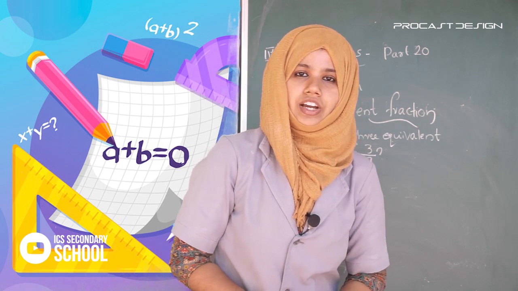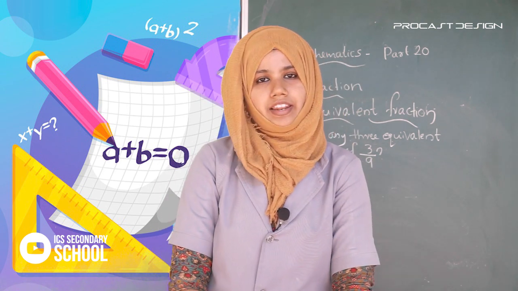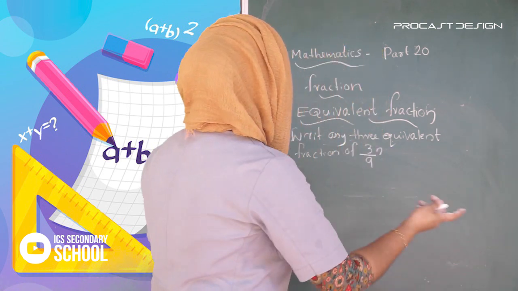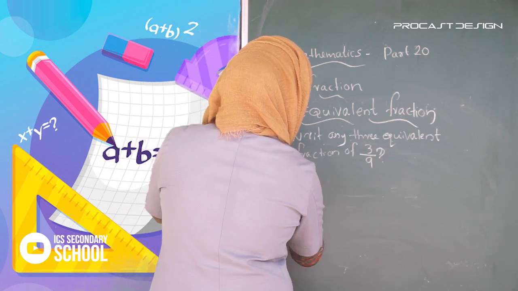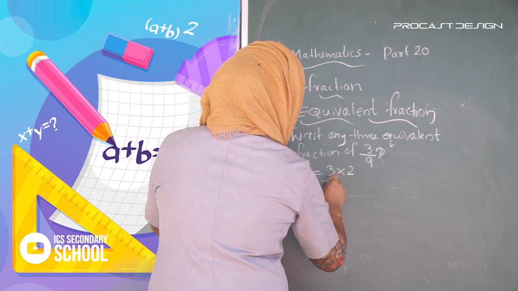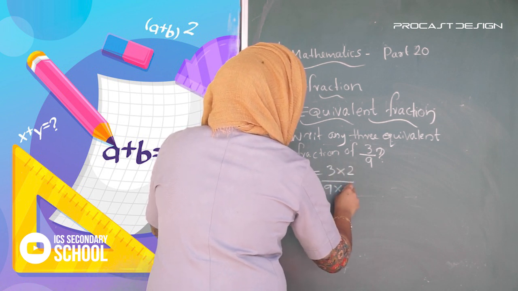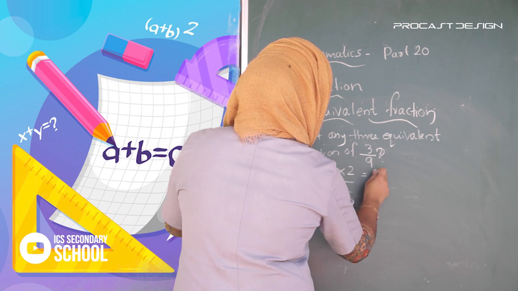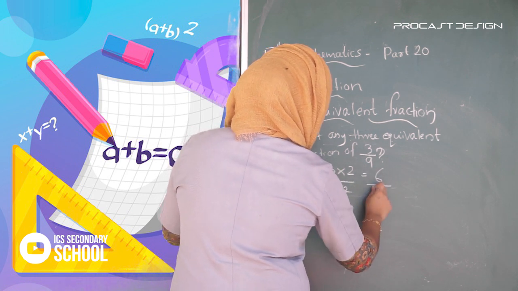Write any 3 equivalent fractions of 3 by 9. So what will we do? Yes, we can multiply 3 by 9 by any number, but numerator and denominator are multiplied by the same number. First 3 into 2, 6, 9 into 2, 18.